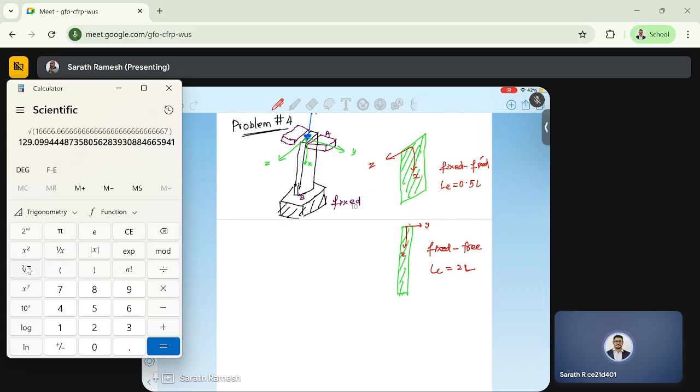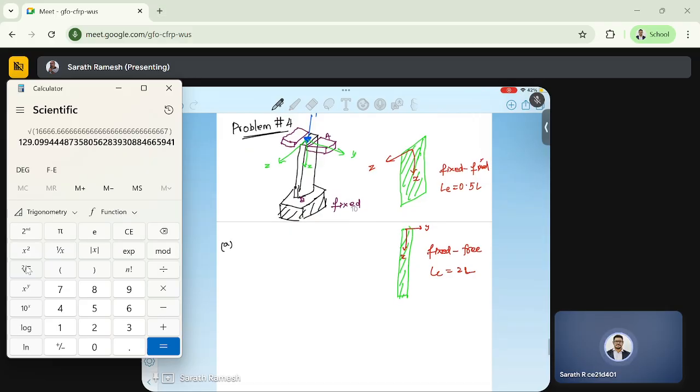Now, what we have to find is: first, the ratio of the dimensions of the cross section corresponding to the most efficient design against buckling. What is A by B?